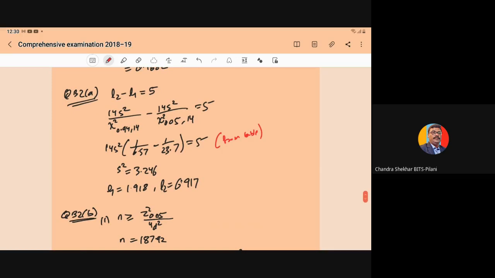So L1 and L2, from the first we will get L1 is equal to 14s square upon chi square for 0.05 at 14 degrees of freedom. Its value will be 1.918 from the table available in the appendix, and L2 will be 6.917.